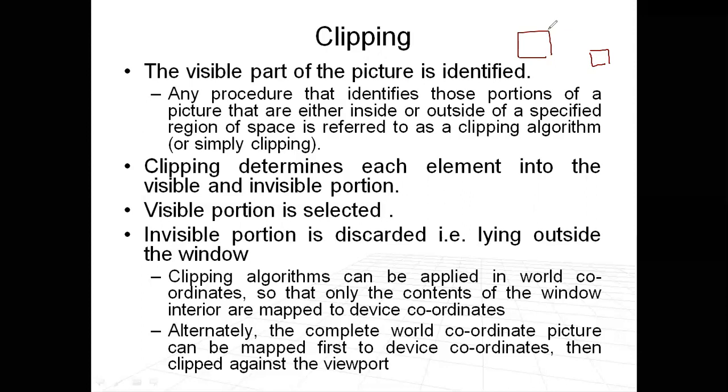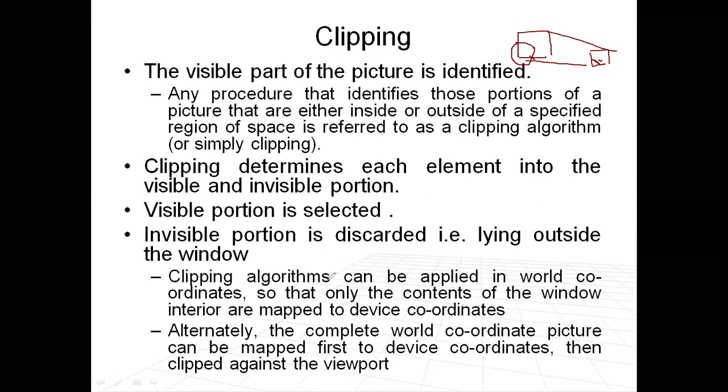One is before mapping onto the viewport, where the object is clipped first and after that mapped to the screen coordinates. Or first the object is mapped to the device coordinates and then clipping takes place. In both ways clipping can occur.